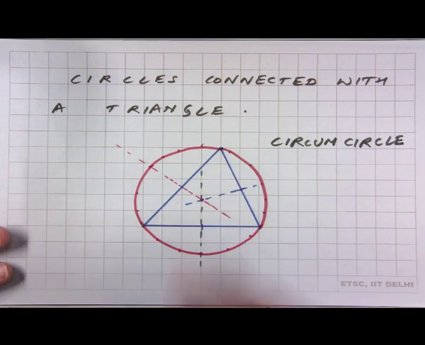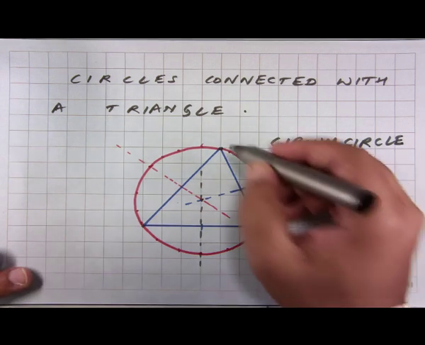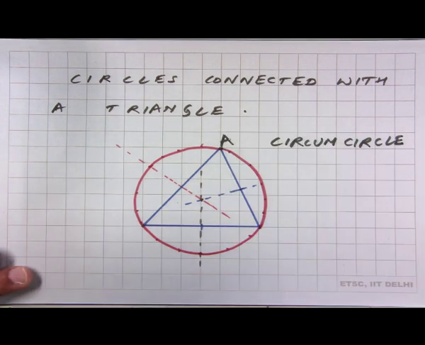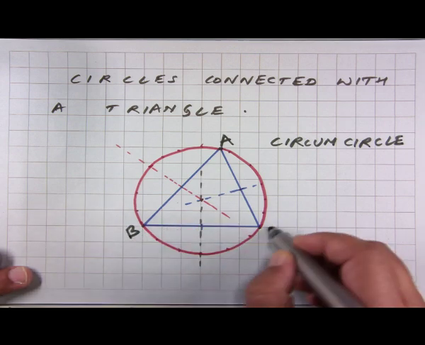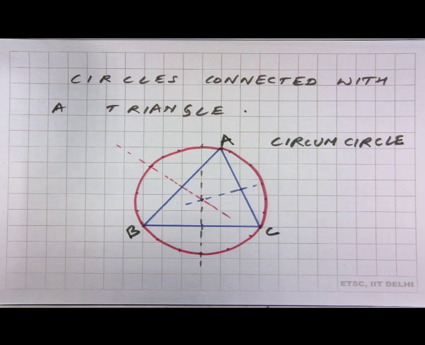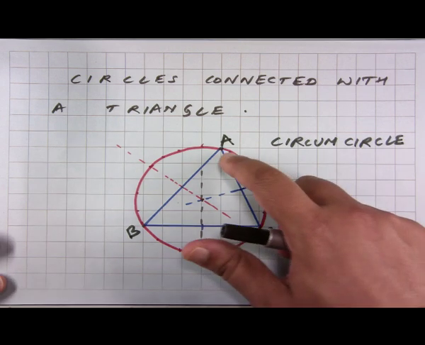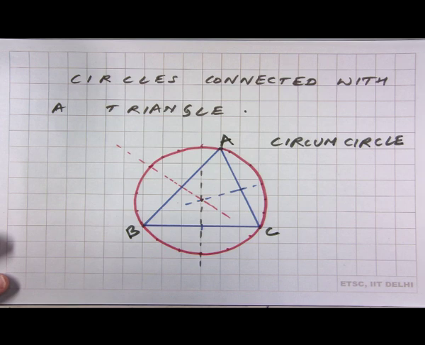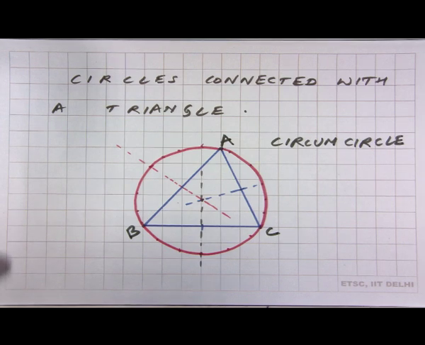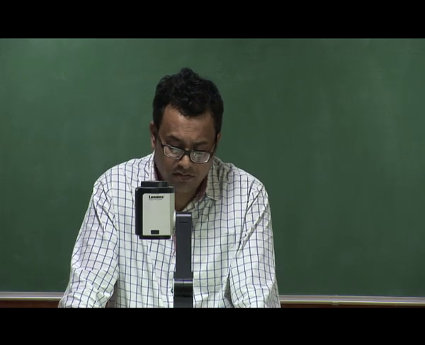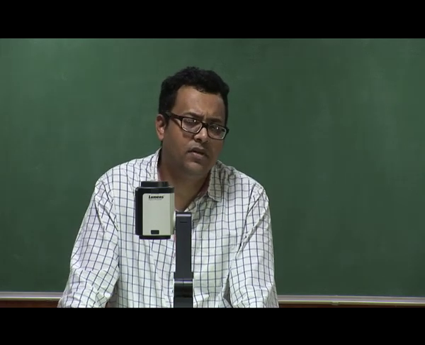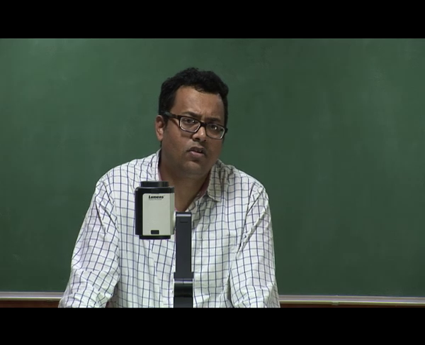Well, let us say that we have this triangle ABC whose sides are drawn in blue color. Then if we just look at the vertices A, B and C, because it is a triangle, the vertices A, B and C are not collinear.